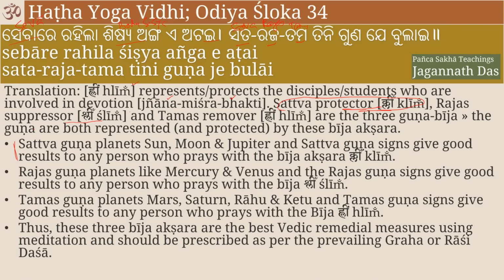Tamas guna planets like Mars, your anger, Saturn, your depression, Rahu, your dirty mind, your terrible mind, Ketu, your headlessness, doing things without thinking or doing things suddenly, are all tamas things. And they give good results to any person who prays with the bija Hlim. So, these three bija akshara are the best Vedic remedial measures used in meditation and should be prescribed as per the prevailing graha or rashi dashas.